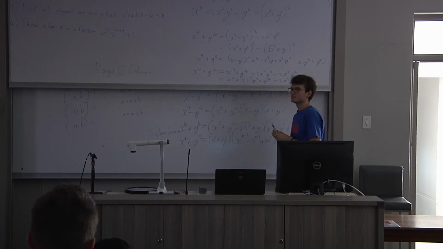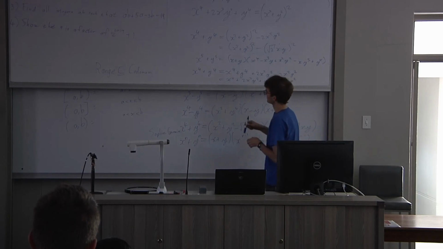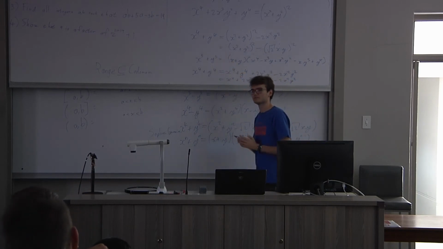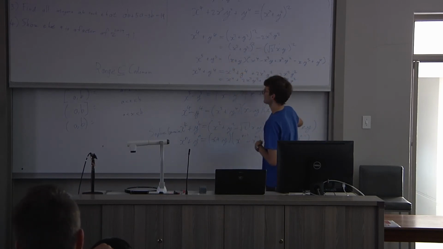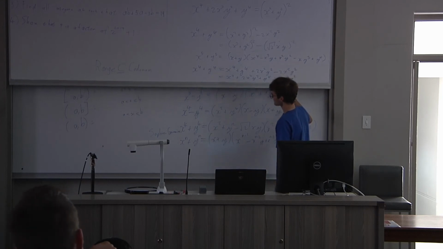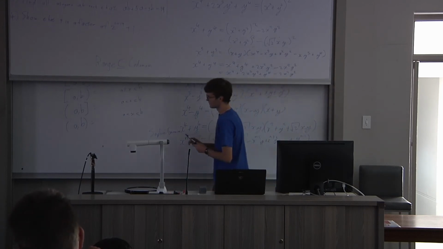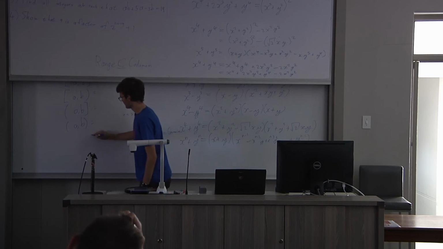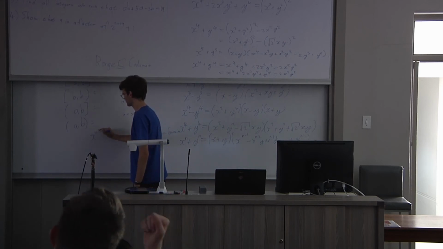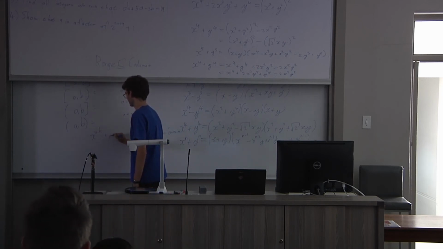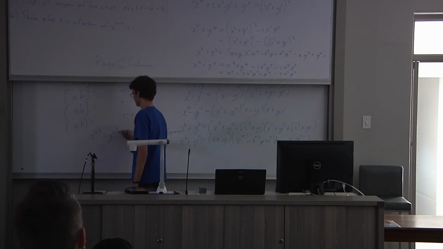Because if you have a pure multiple of 4, you could just use this formula over here. So there's nothing stopping you from saying some x to the 4k plus y to the 4k.